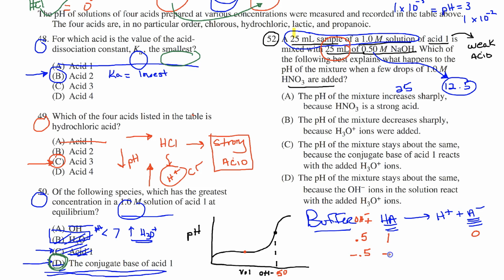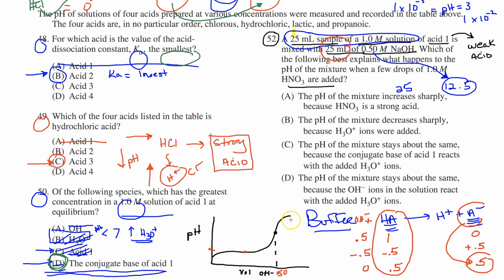This is minus 0.5, and this is plus 0.5, right? And so at the end this is going to go to 0. It's the limiting reagent, and 1 minus 0.5 is 0.5, and 0.5 plus 0 is 0.5. And so you have equal amounts of HA remaining, and you have equal amounts of conjugate base remaining, and the pH equals the pKa at this point.